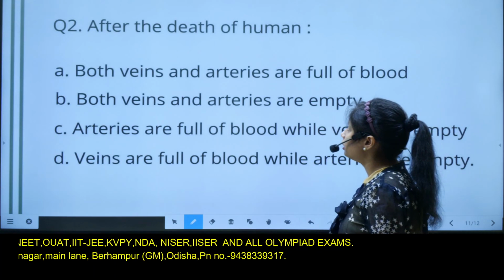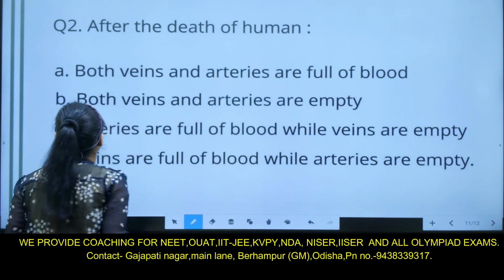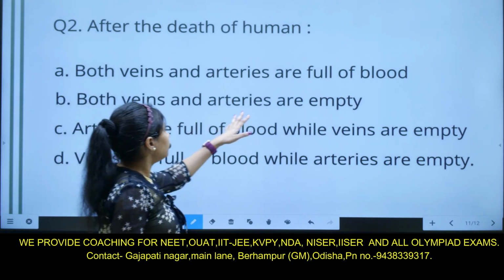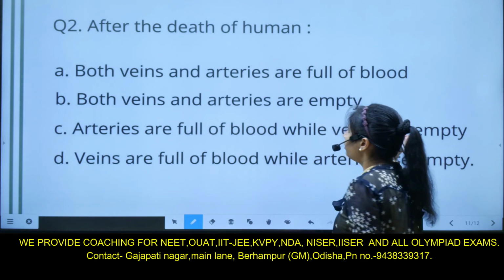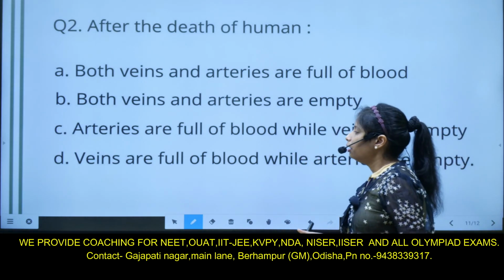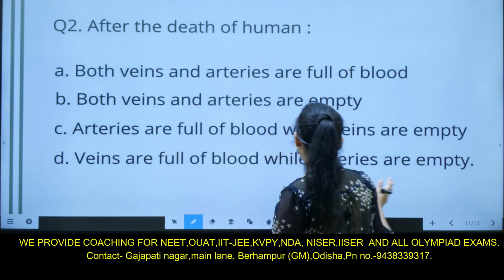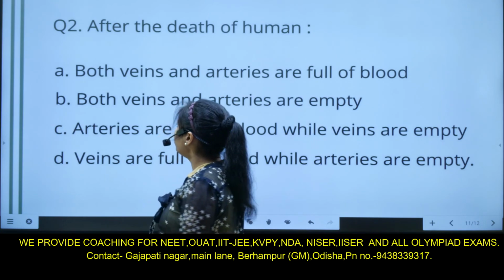The next question is, after the death of a human, what happens? Both veins and arteries are full of blood. Both veins and arteries are empty. Arteries are full of blood while veins are empty. Veins are full of blood while arteries are empty. So what happens actually?